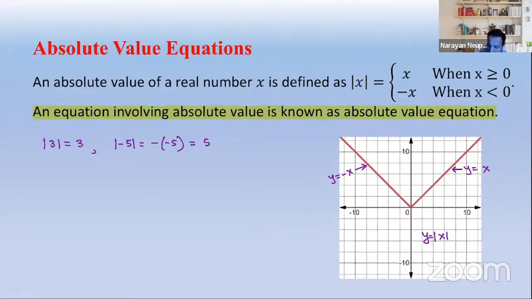An example of an absolute value equation will be like, let's say, the absolute value of ax plus b, or any other algebraic expression inside the absolute value, is equal to some constant k, where a, b, and k are real numbers.